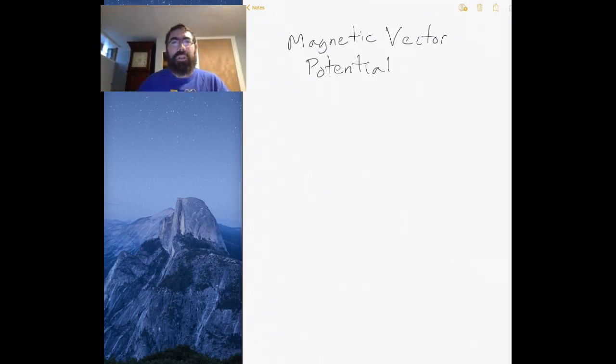And so, if you remember back with electric fields, for the statics case, we found that the curl of the electric field was equal to 0. And so this statement implied that the electric field I could relate to this scalar function called a potential.